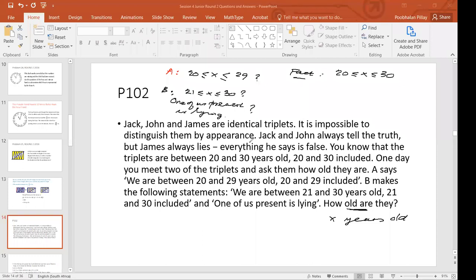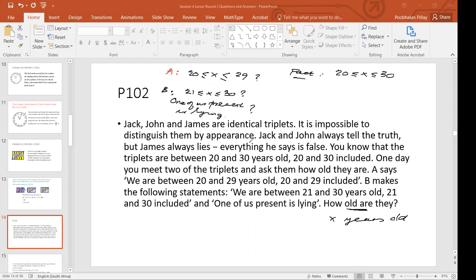Sir, are you asking us the question, is B lying? I'm asking you the question, Madhira. I think he is lying. Tell me why. Because the first part says the triplets are between 20 and 30 years old, 20 and 30 included. But B says they are between 21 and 30, 21 and 30 included.